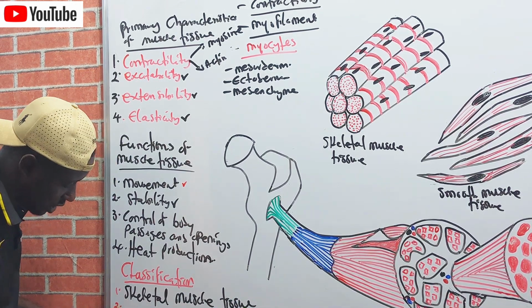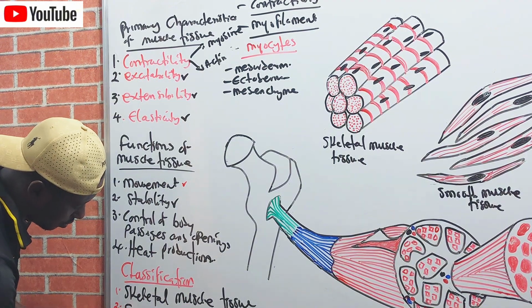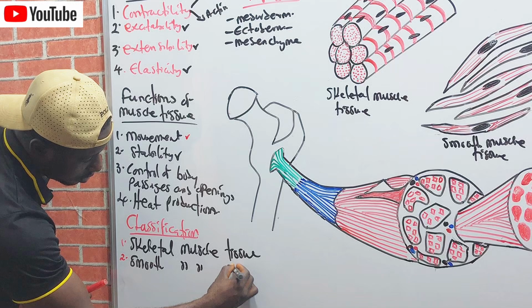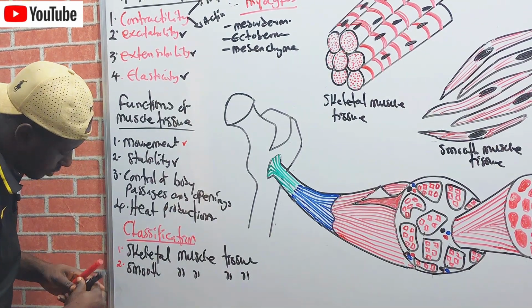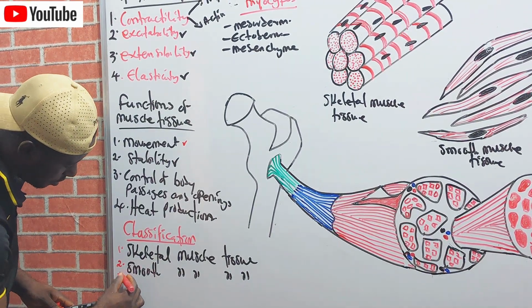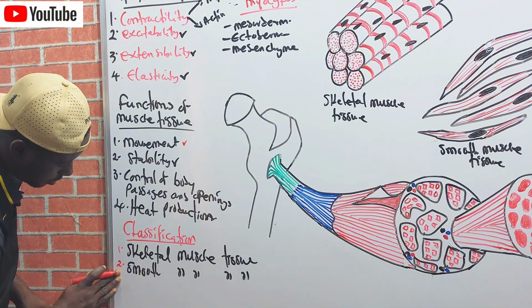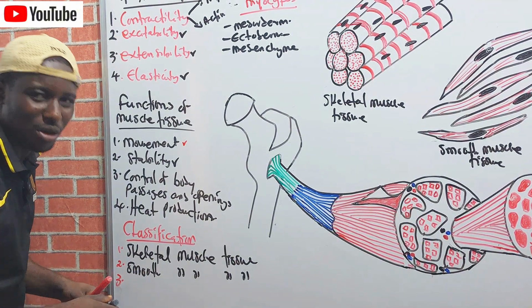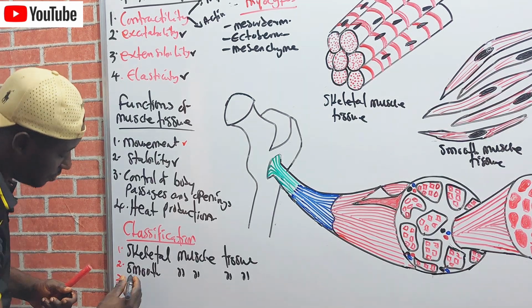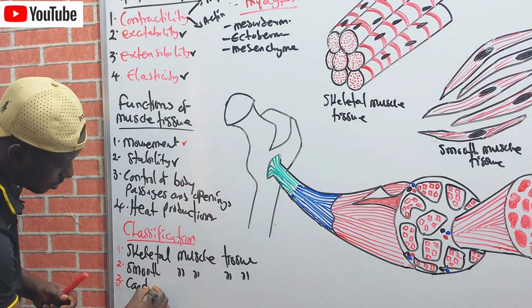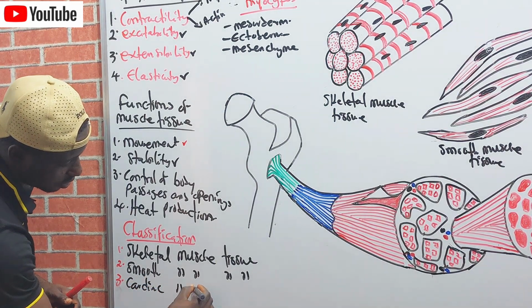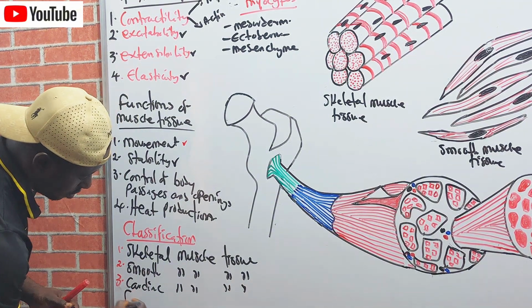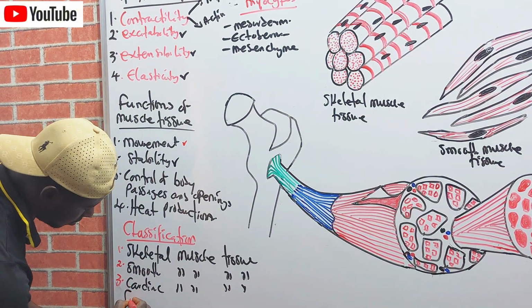Number two is smooth muscle tissue. Number three is cardiac muscle tissue, which can be called the myocardium.